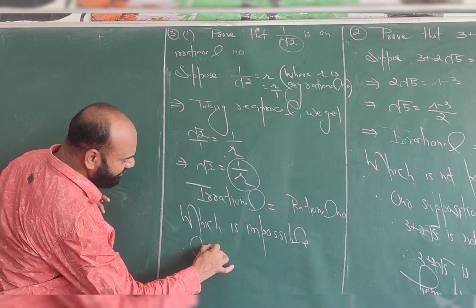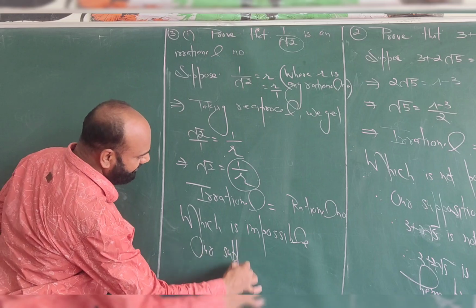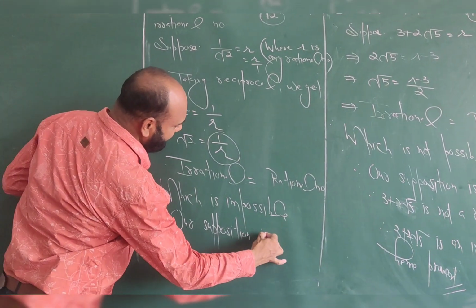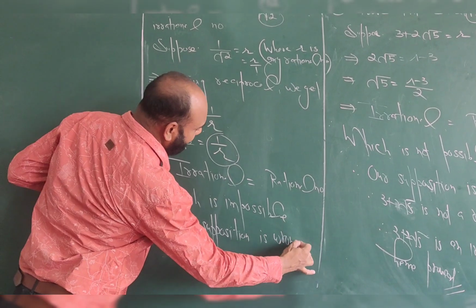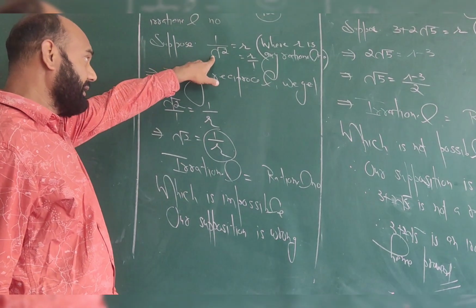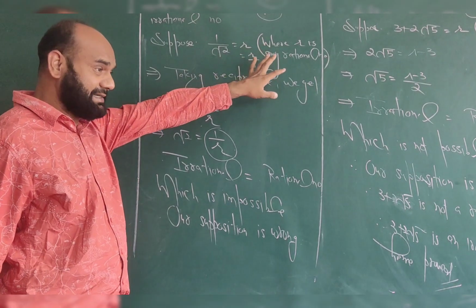So our supposition is wrong. Therefore our supposition is wrong, and our supposition is that 1 by root 2 is a rational number.